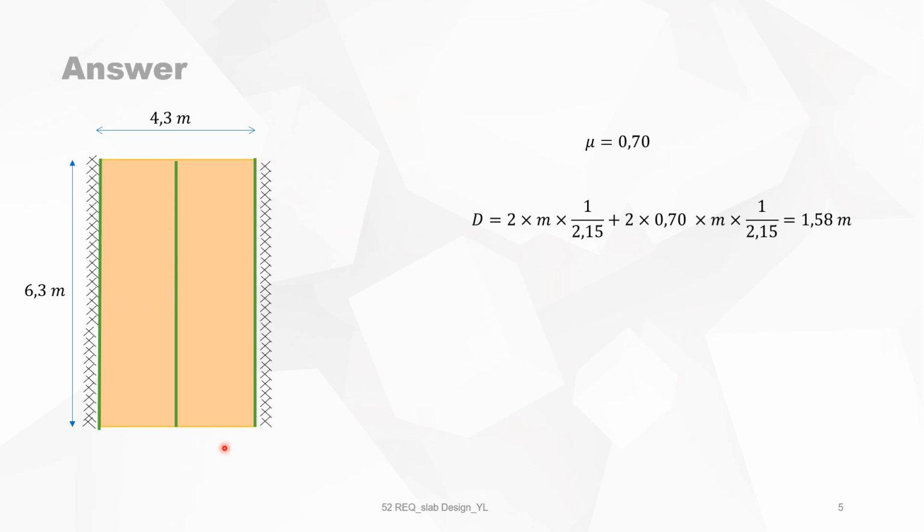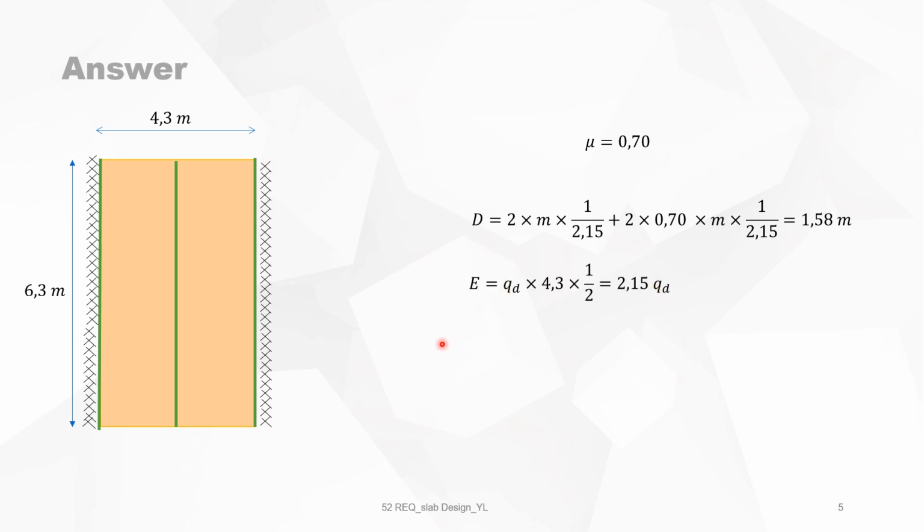We also have two yield lines at the fixed end support, so 2 times. The bending moment is mu m, so it's 0.7 times m, and the angle of rotation is delta over 2.15. So D is equal to 1.58 times the plastic bending moment of the positive bending moment.